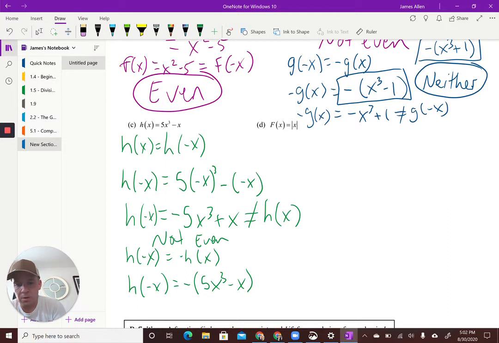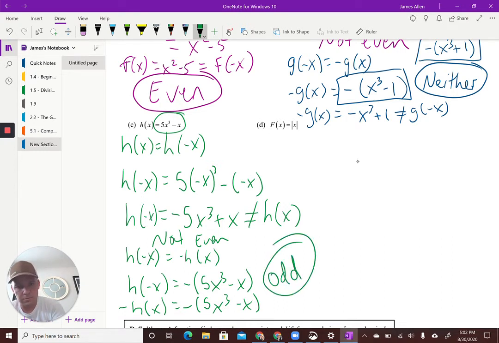Let's find out. Well, negative h of x, if I took my original function and popped a negative in front, that certainly looks the same, doesn't it? Odd. Cool. All right, so I could have distributed it, or I could factor it out. It's really the same amount of steps, just how you would like to think about it.